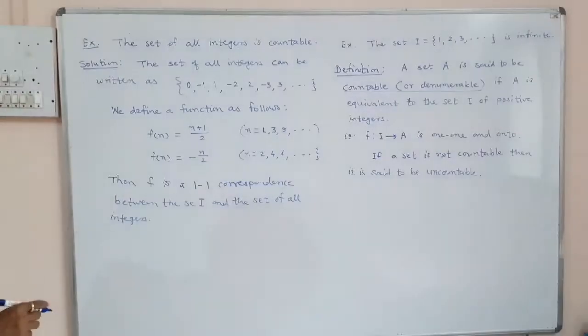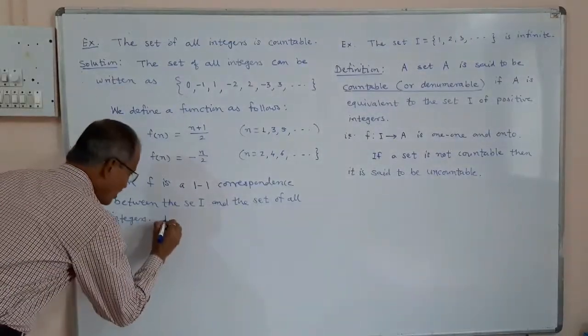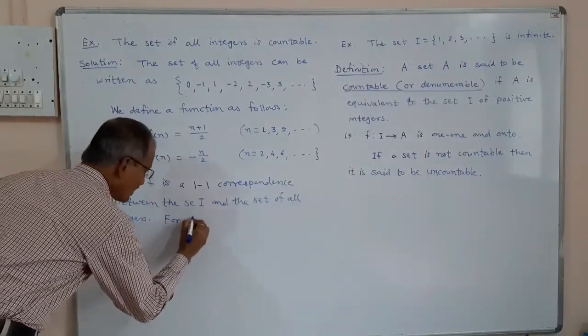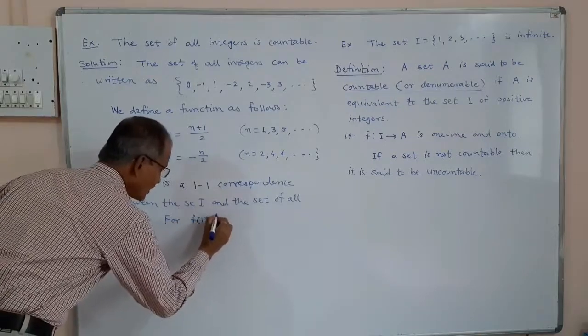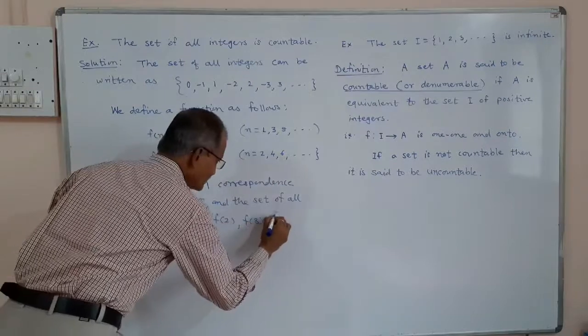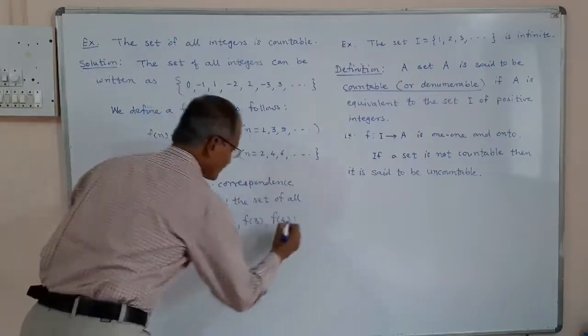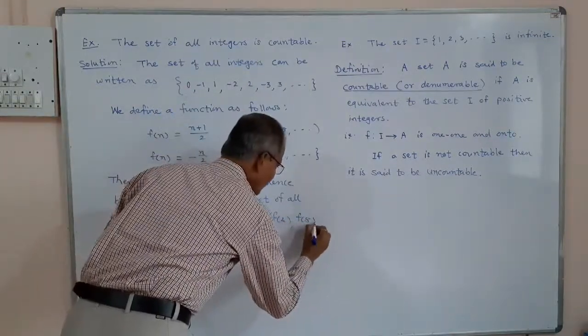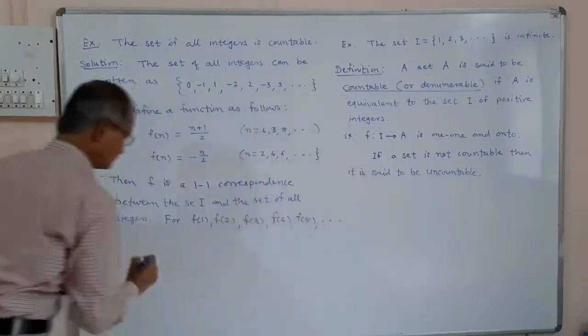As we see, because for f of 1, f of 2, f of 3, f of 4, f of 5, etc. it gives the images.